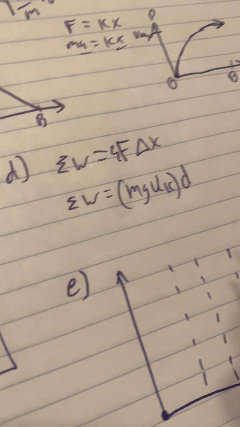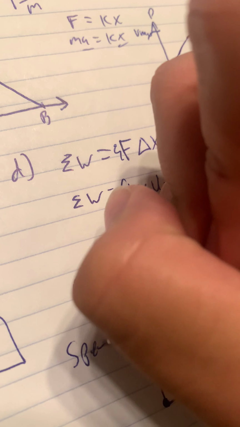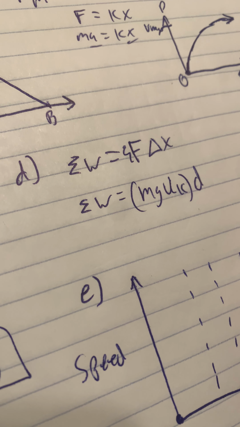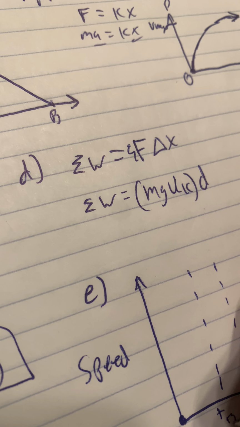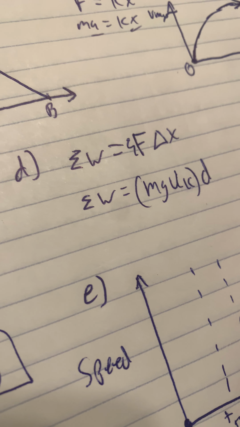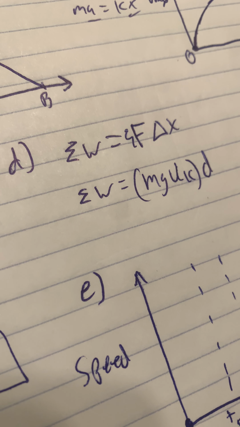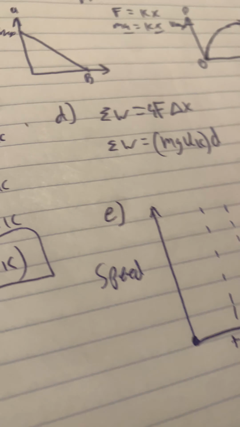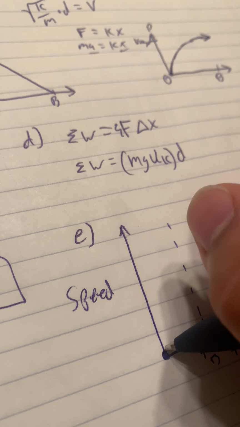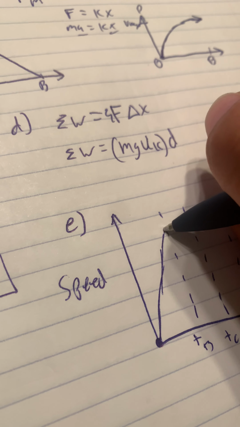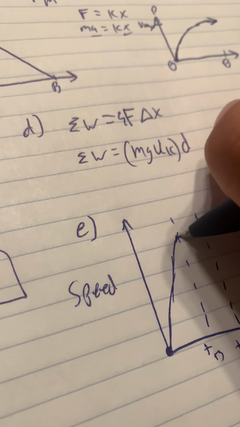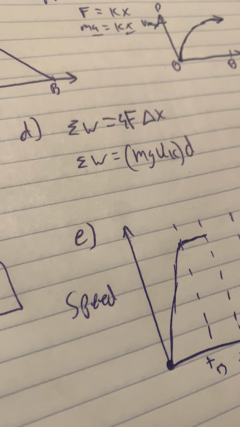Alright, so we know that it starts from rest. Marking TB, TC, TD, TE, and TF. It starts at rest and then accelerates to its max velocity, then it stops accelerating and stays the same.